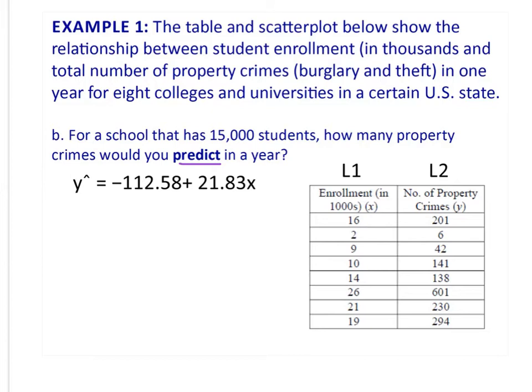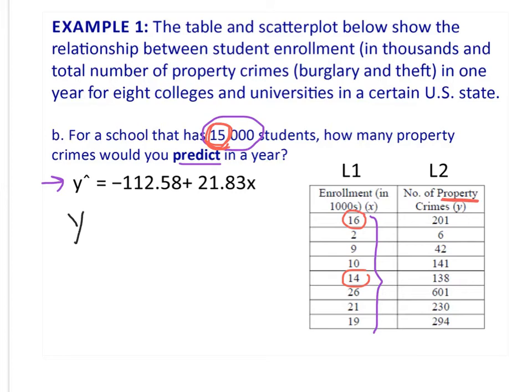Well, if I think about using the equation we found in Part A, and knowing a school has 15,000 students, well, 15 would be one of my x's, and you can see I get pretty close to 15. I have 16 and 14. But if I want to substitute 15 in to see, if I have 15,000, what's my y going to be, or what are the property crimes going to be?